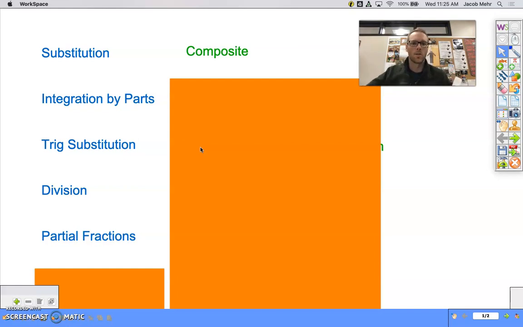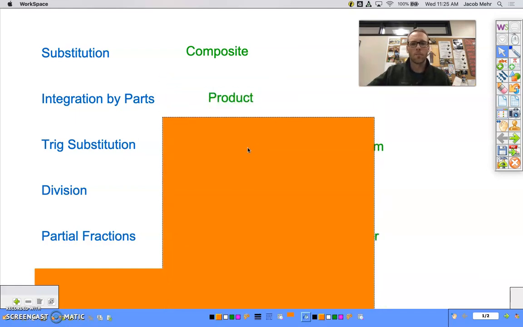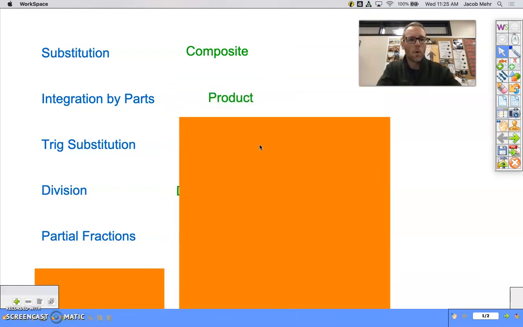So that's our substitution. Now, integration by parts is set up to help us with a product, right? u times v minus the integral of v du is what we set up when we have the integral of u dv.